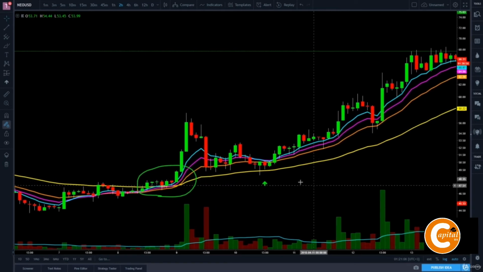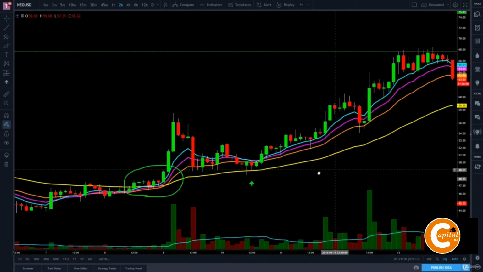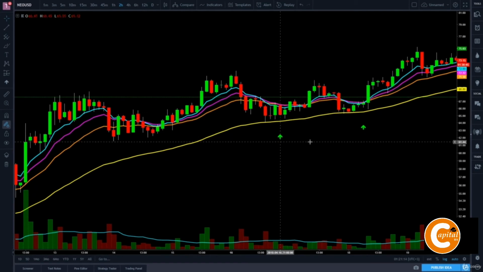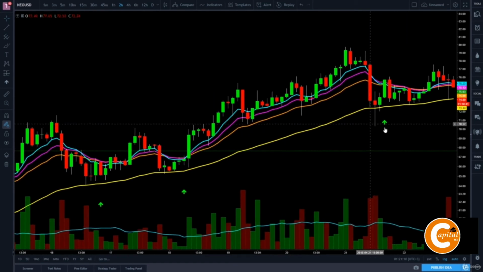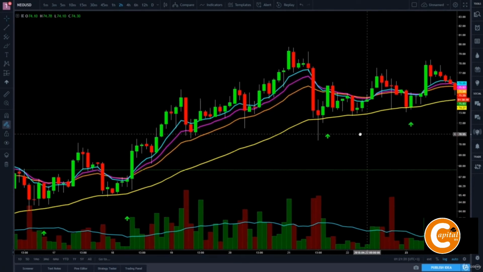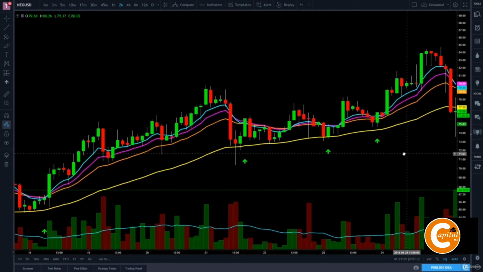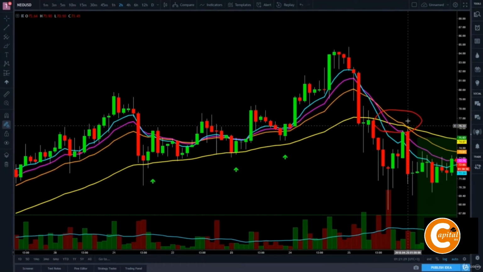You can see right here that the 55 moving average is acting as a support for these particular regions, but don't panic, we will follow our rules to sell only when the 8, 13 and 21 moving averages are crossing the 55 moving average to the downside. So we keep riding it to this region right here where we see a crossover to the downside.